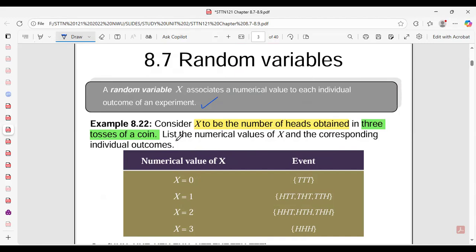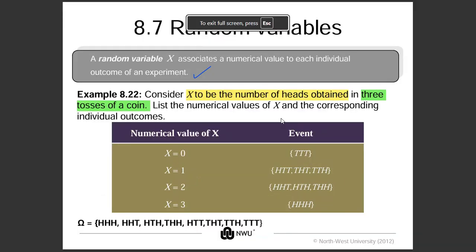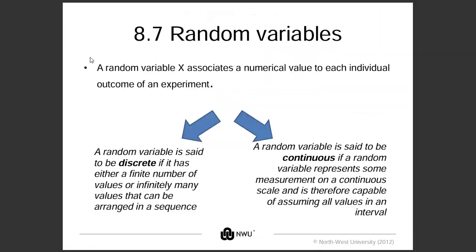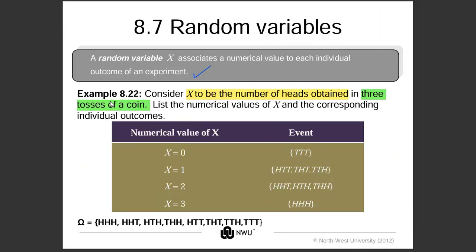This is what we call a random variable table. This is how you write it. Someone will be like, okay, how do you know that X is equal to 0, and also that X is equal to 1, 2, and 3, and so on?